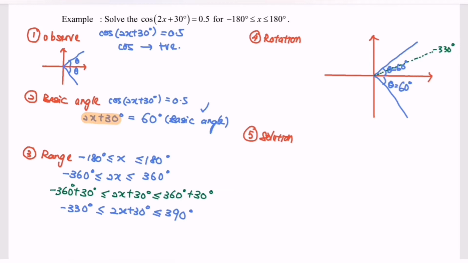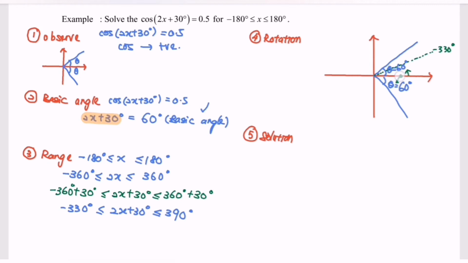Because this is 0. If we follow the anti-clockwise, we will have positive rotation. If it's clockwise, the situation will be negative.